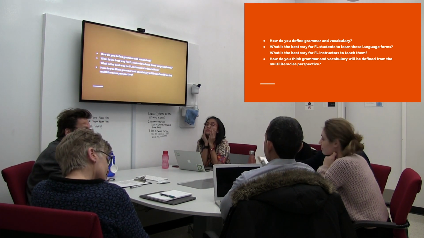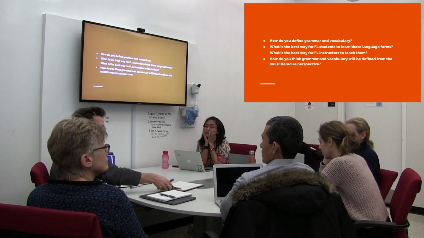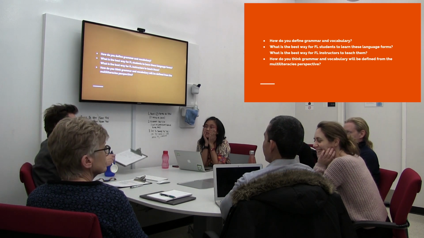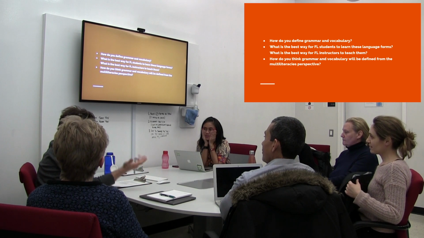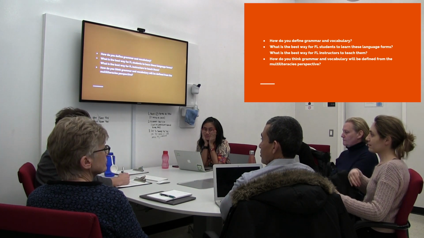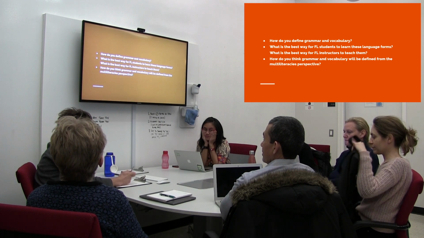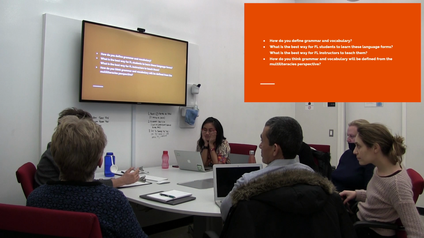I think from that perspective, multiliteracies. You mean how is it delivered? We're talking about text, and so if you're talking about text, then definitely that's something that is going to be combined.